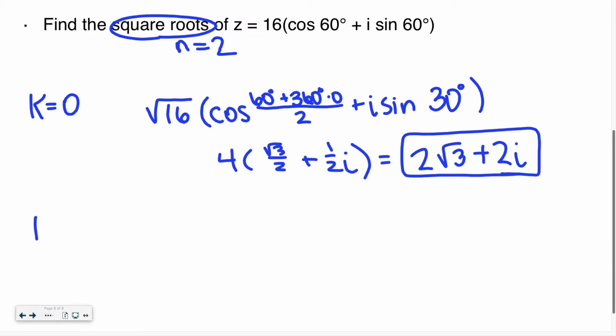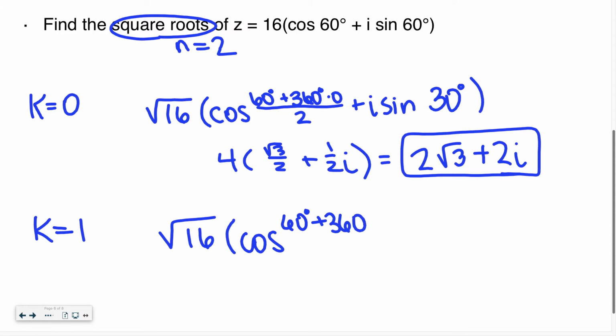Since we need 2 answers, we need another one, so we'll move to k equals 1. When we do that, this all stays the same, except we need 360 times 1 divided by 2. Now it's 210.